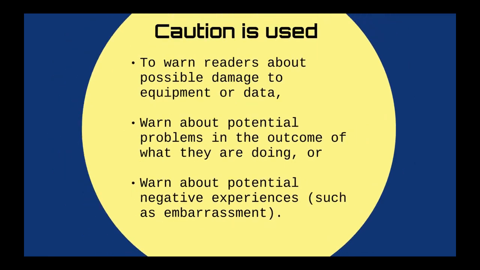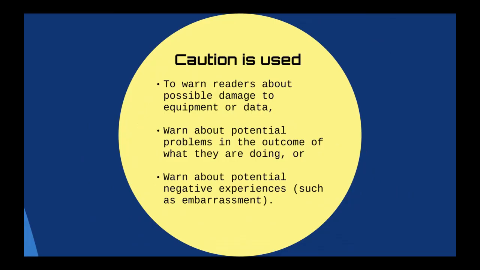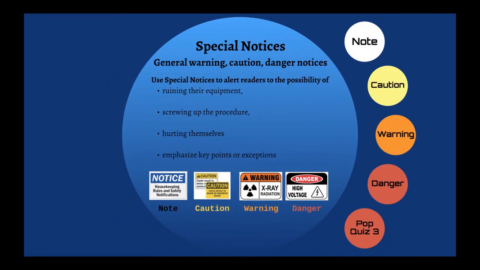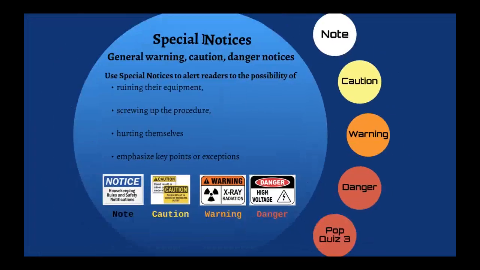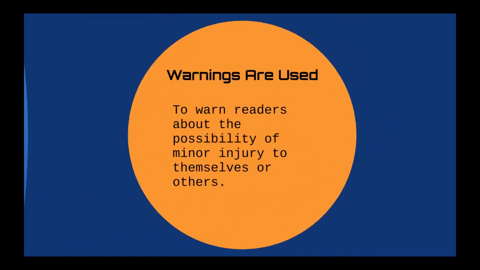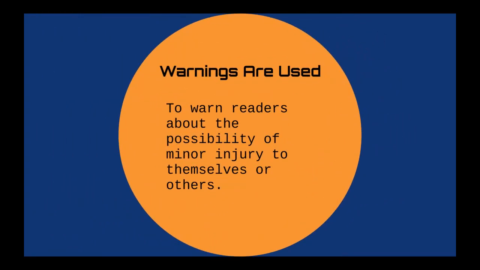So that's the caution. So we have the note. Notice the progression, or some people might say the escalation in severity. We go from the instruction itself to equipment, and then we're moving to the warning. Now, the warning makes a big transition.